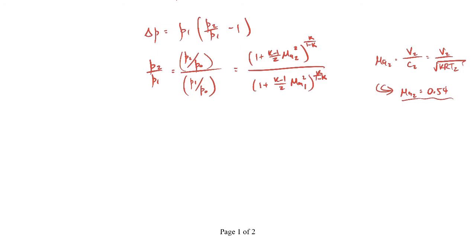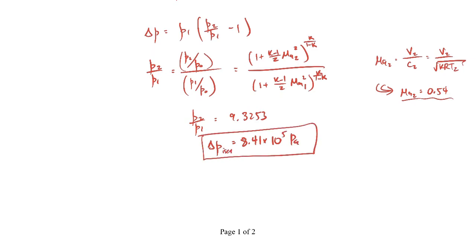So we can go ahead and use that Mach number. And by the way, you can get this Mach number different ways, but this is the way we did it here. Then you can substitute it in, and you'll get that P2 over P1 comes out to be 9.3253, and then the delta P ultimately comes out to be 8.41 times 10 to the 5th pascals. So that's what it would be if you went between the same two speeds isentropically.